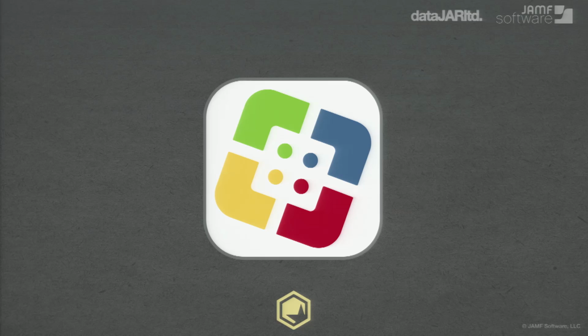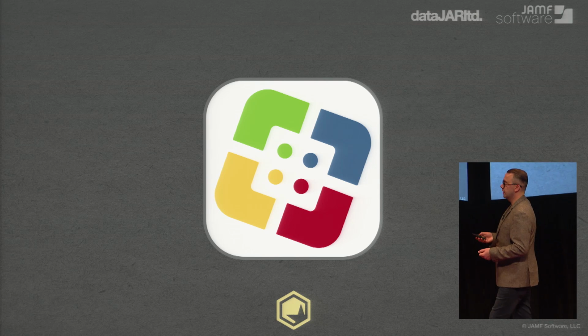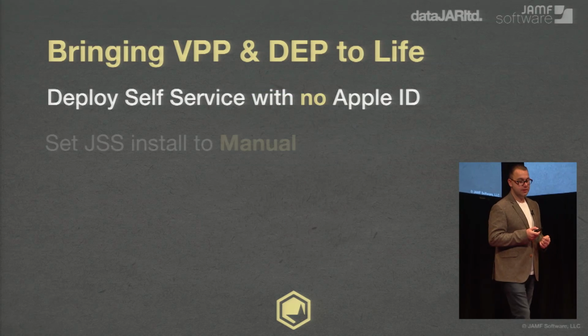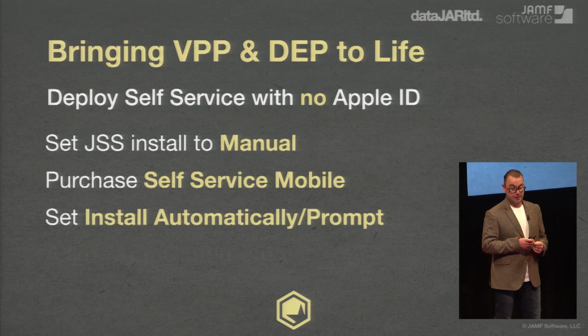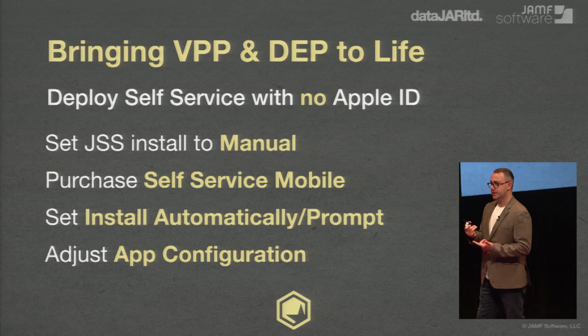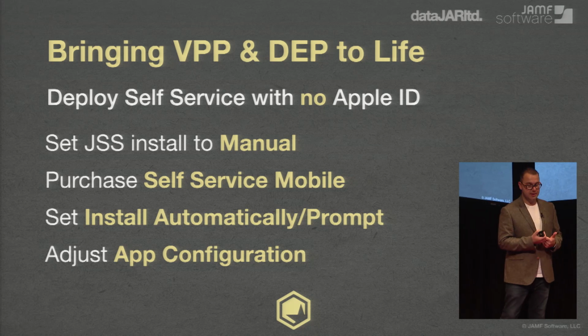Well, another really cool thing is we can start leveraging this as a little tip here. So we can now, let's say, deploy self-service on an iPad with no Apple ID. So we go into the JSS, we set that to basically a manual installation, so we're not going to deploy it automatically.